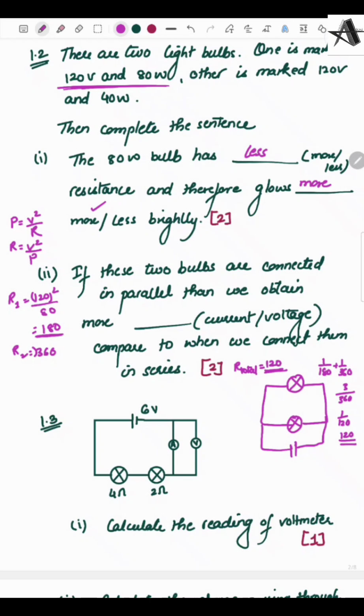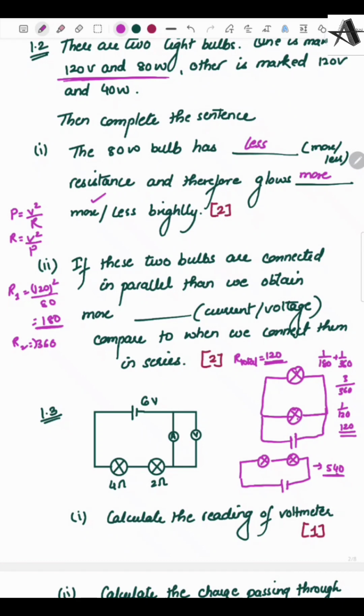And if total resistance is 120, now let me connect them in series. When you connect in series, total resistance will be 180 plus 360. We just need to add them up. This will be 540. Because they are connected with the same battery, we can assume that the potential difference is the same.